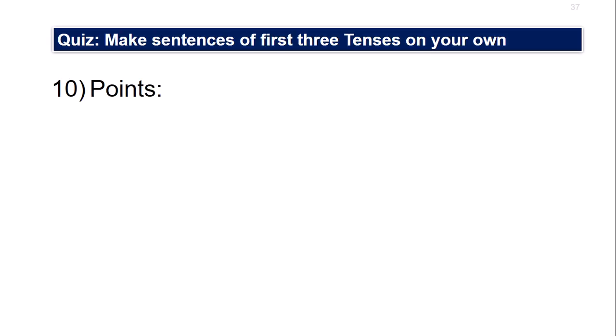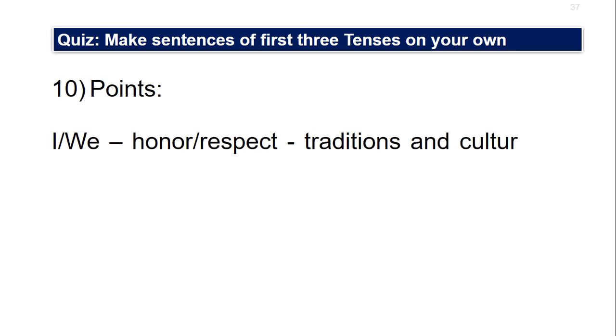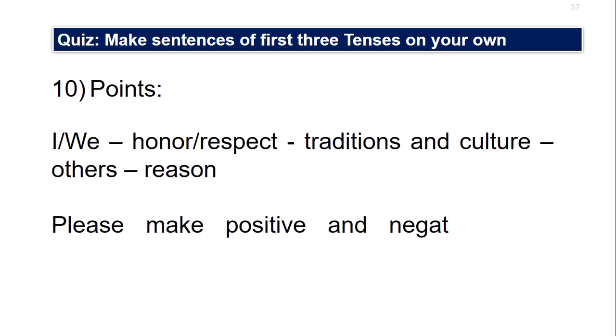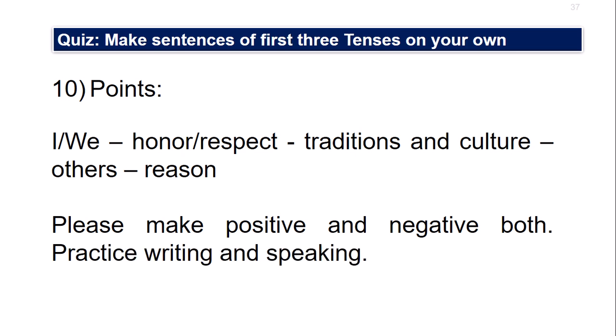Here we have the points for the 10th sentence, and it is about ourselves, right? What we can say on our traditions, on our cultures, reasons for them, so many other things, right? So keeping all these points in mind, you can make not just a few sentences but many sentences.